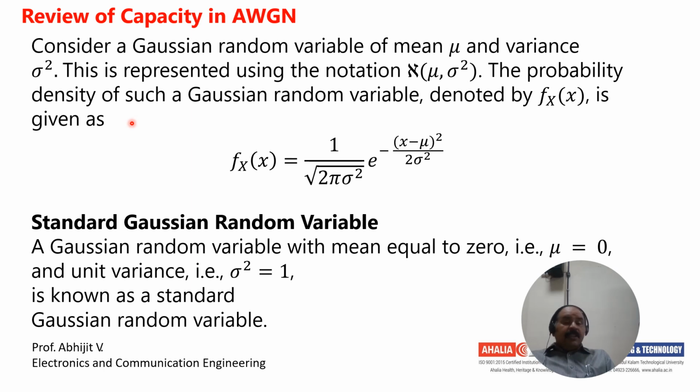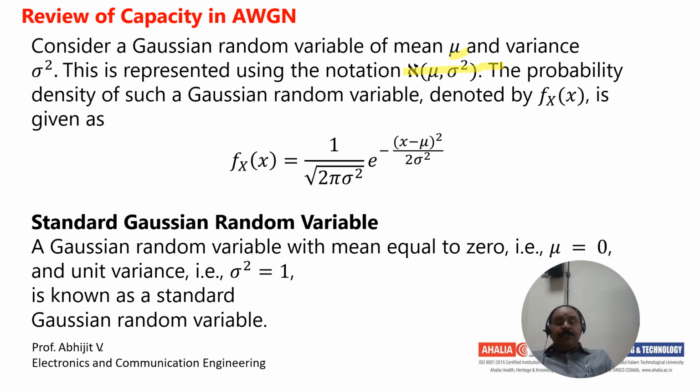Now let us consider a Gaussian random variable of mean mu and variance sigma square. This is represented using the notation N(mu, sigma square), where this means that it is a Gaussian random process and its mean is mu and variance is sigma square.